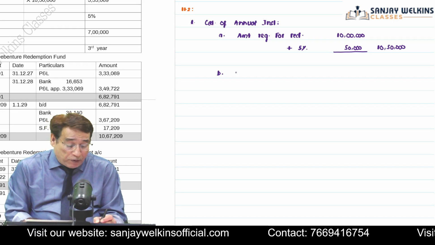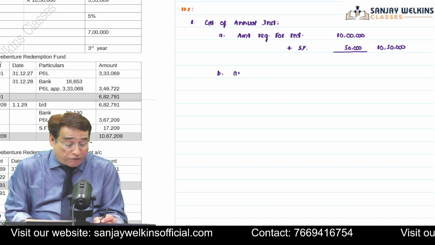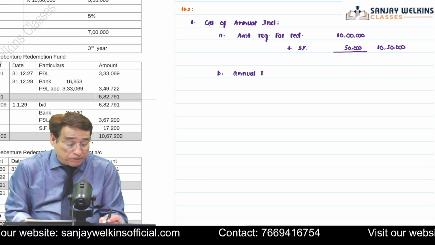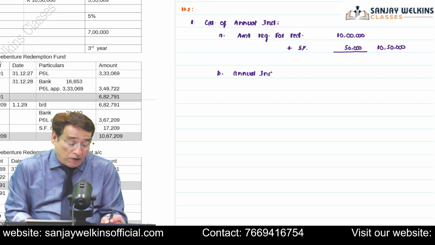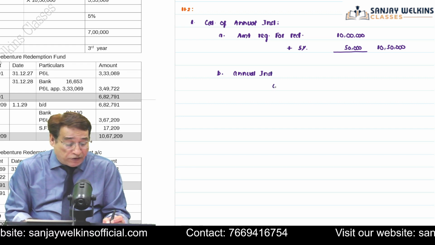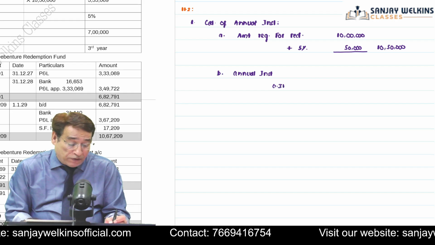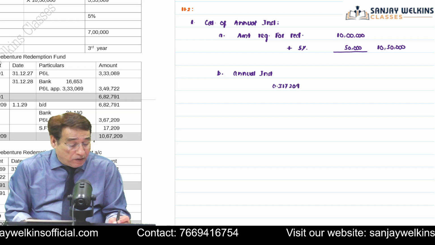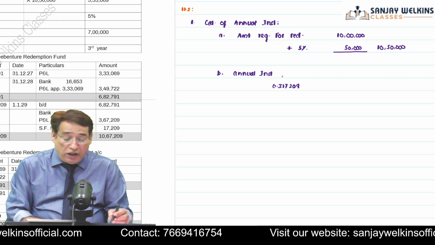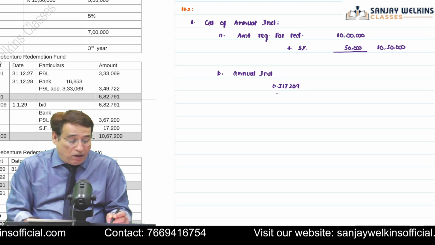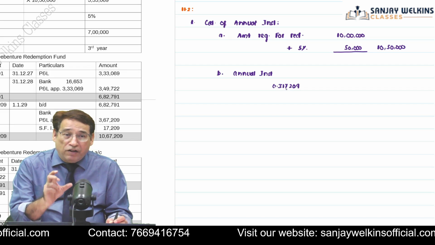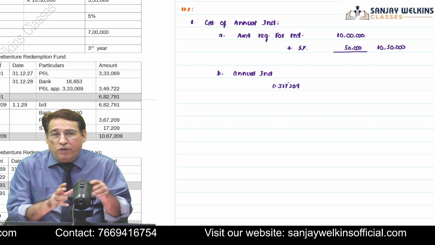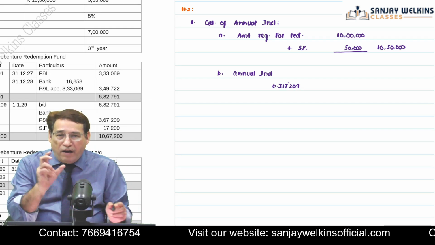In order to compute the annual installment, see here. It is given in the question that 0.317209 is the amount if you are going to invest today, and every year you receive interest of 5%.